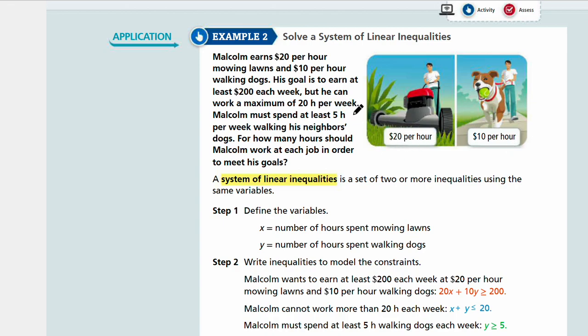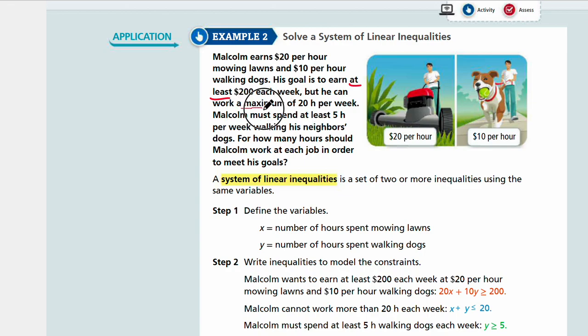So let's think about how we can write this as a system of inequalities. We know that it's not going to be equations, but inequalities, by looking at these words, at least, right? So it could be anything more than 200. He wants to earn more than or equal to 200, okay?